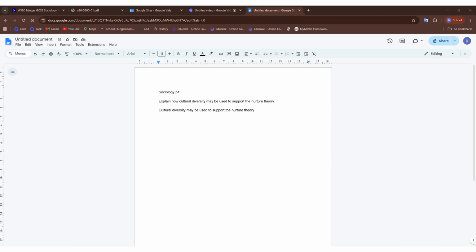Well, we talked about how they use food in the other one, and the chopsticks and the forks. So we could say cultural diversity may be used to support the nurture theory through how people eat food.